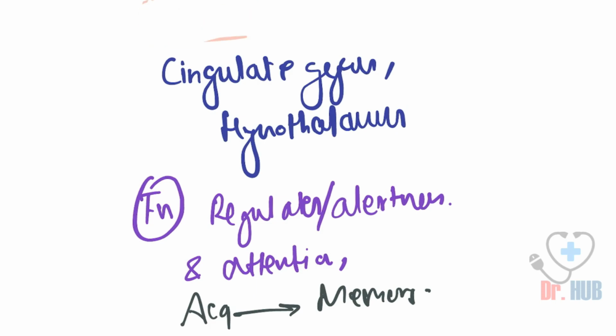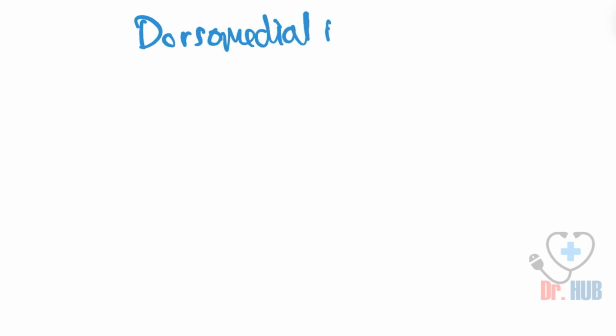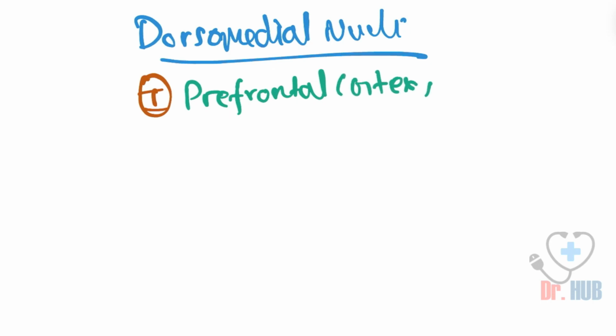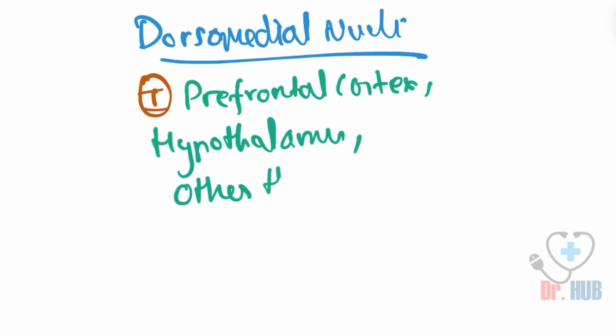Then we will move on to the next one, that is the dorsomedial nuclei. If you look at the input, it is the prefrontal cortex. Then there is also the hypothalamus and also the other thalamic nuclei.